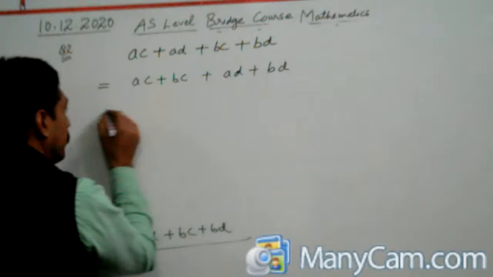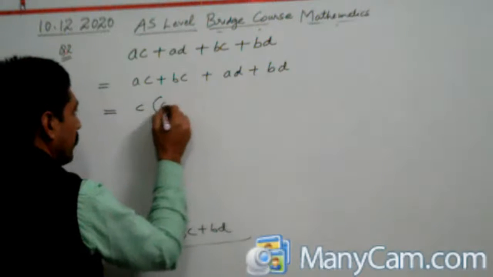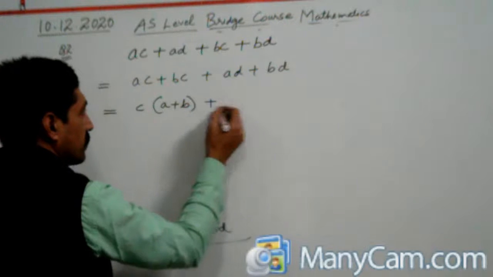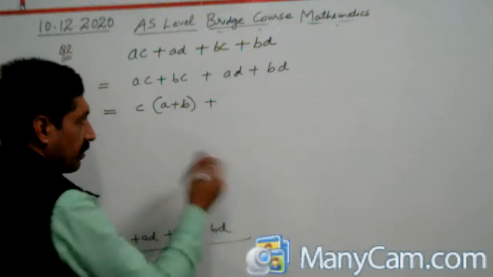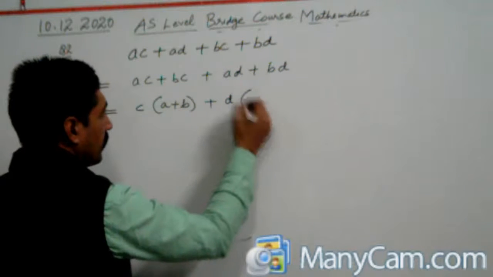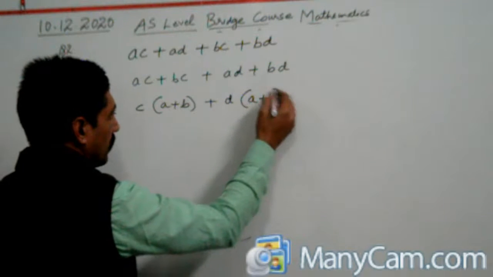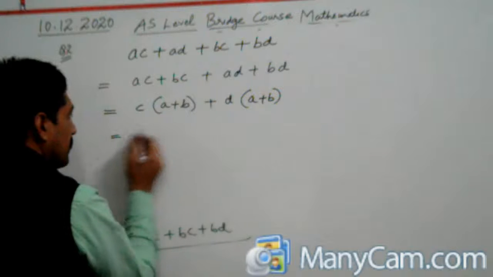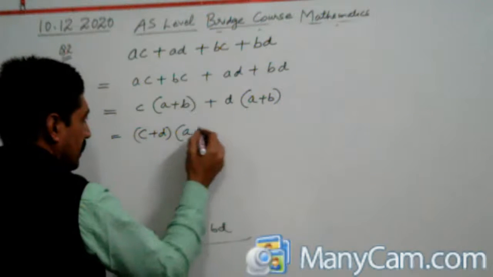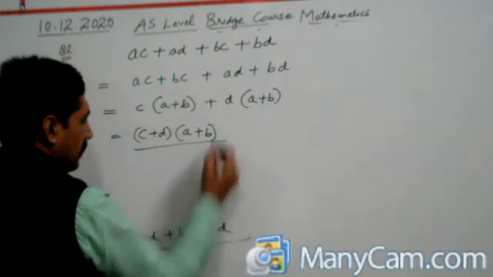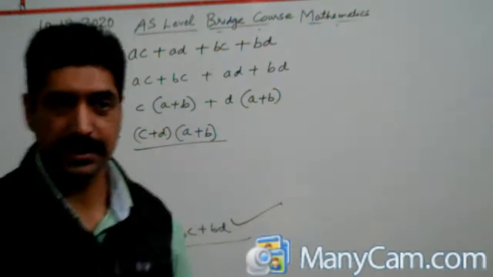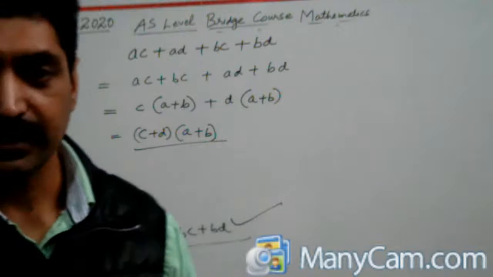We can take C common, giving A plus B, and again take D common, giving A plus B. So what we have is (c + d) into (a + b). Again the same thing, right? This is the answer here.